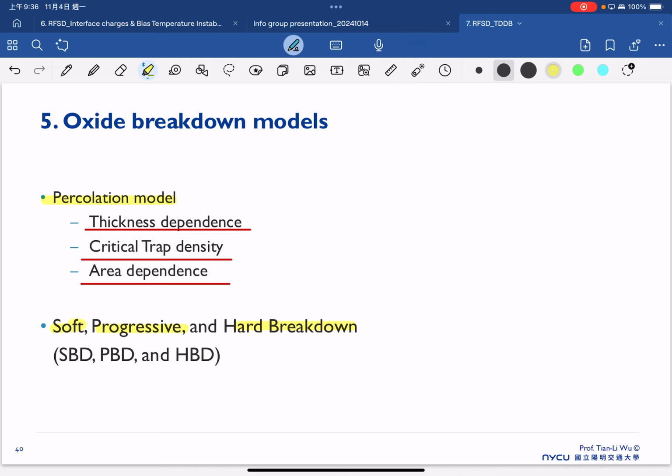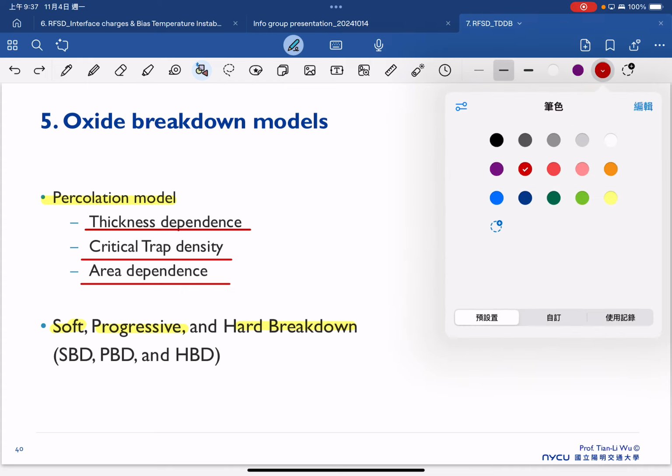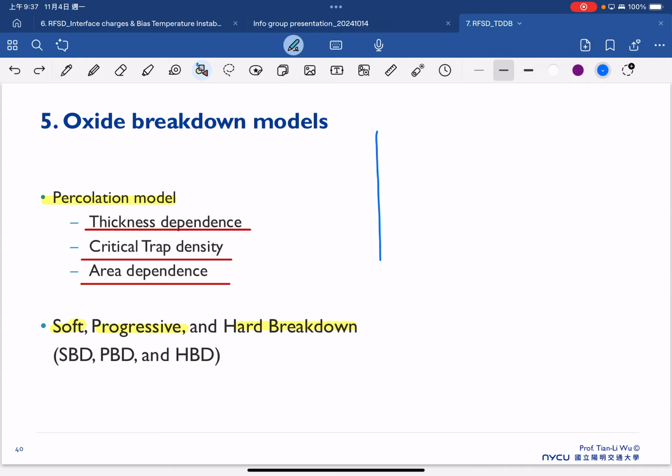If you look at the typical current versus time dependency, especially the gate current versus time, ideally for a very thick dielectric the phenomenon normally looks like this.